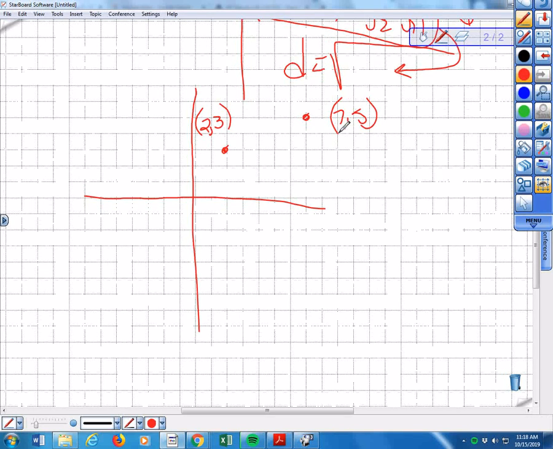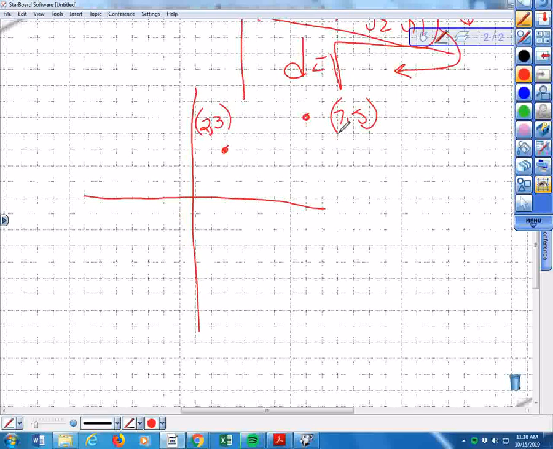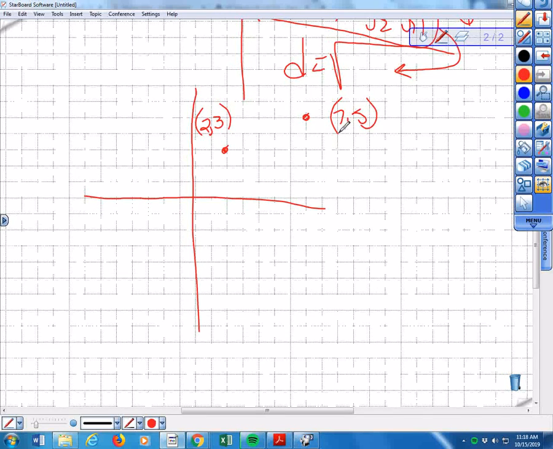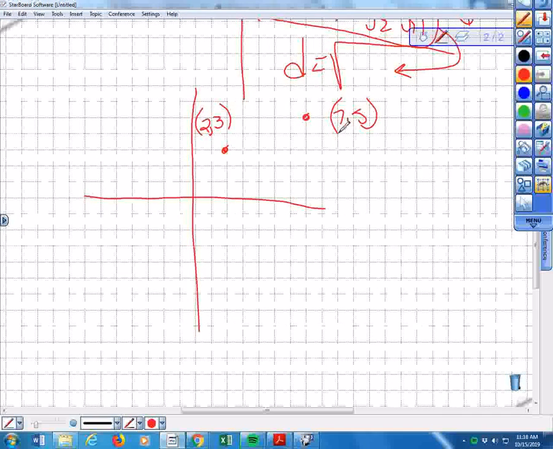So is A always going to be the bottom, or is A the shortest side? It doesn't matter. A and B don't matter which side you pick. C does. C has to be the hypotenuse.